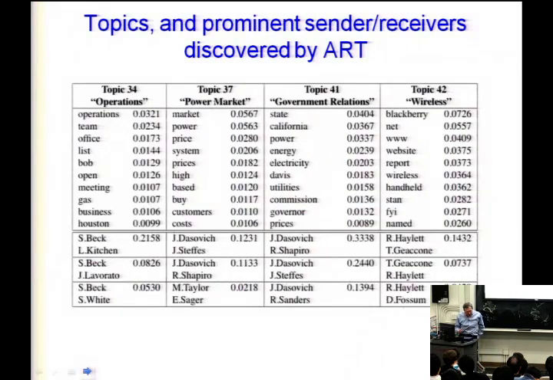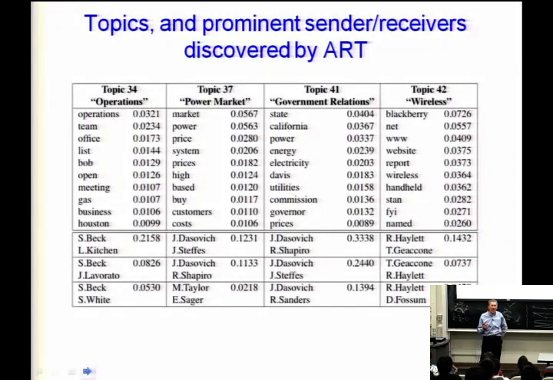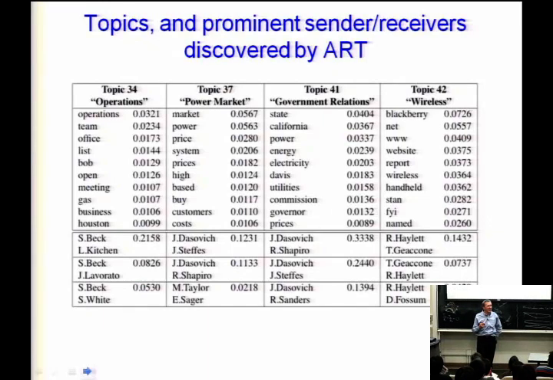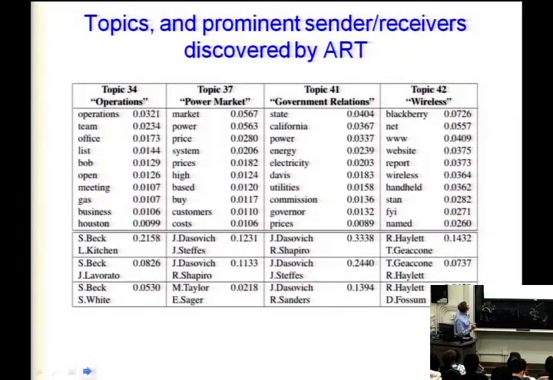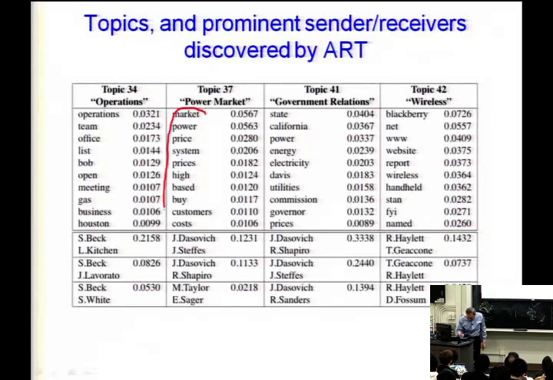So you may know that the reason Enron was sued is that they were an energy company that was doing suspicious things to price their energy. And so it's interesting that some of these topics actually relate to power, market, customer, cost, price, systems, and between these particular people.